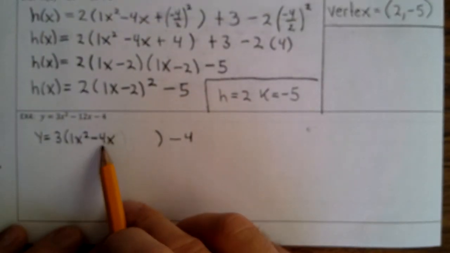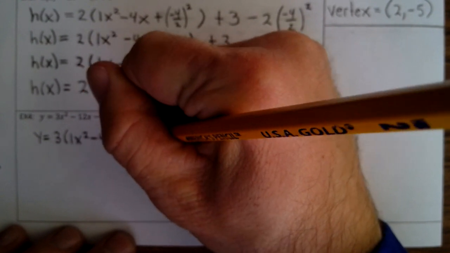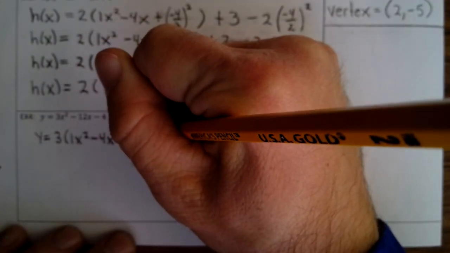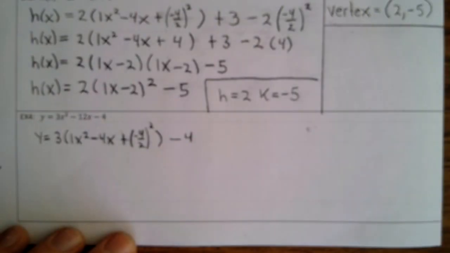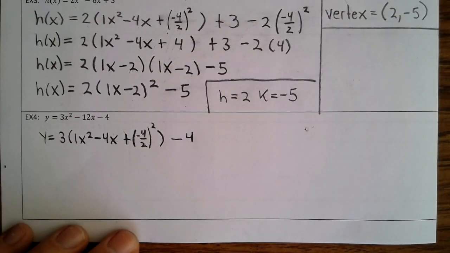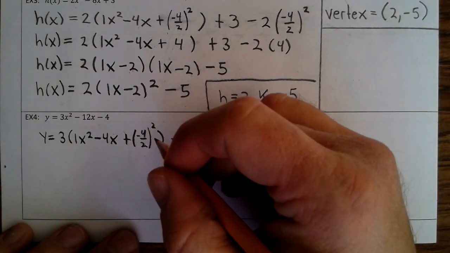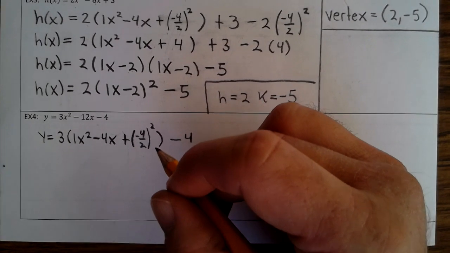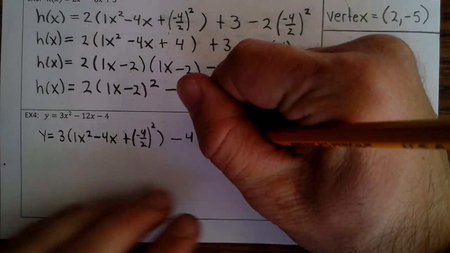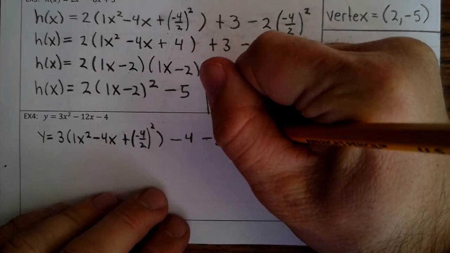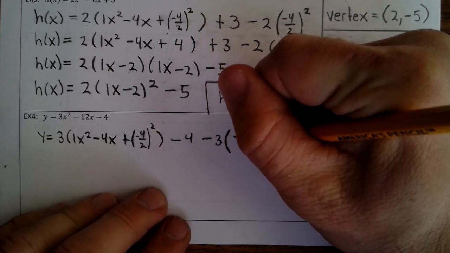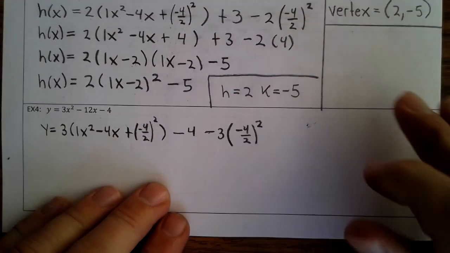Now, to complete the square, we take the b value, so plus negative 4 divided by 2 and squared. But if you add it, you have to subtract it out here. But remember, don't forget to multiply by 3. So 3 times negative 4 divided by 2 squared.